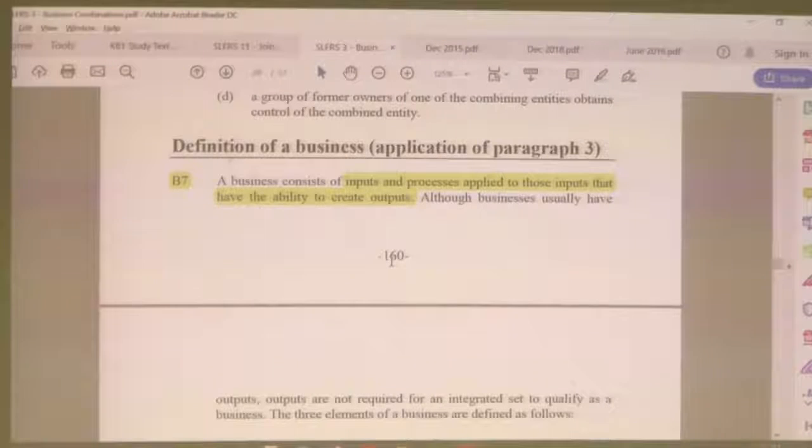Fine. Here, this is a business combination, but only acquisition of assets is not a business combination. This is a business combination, right? Fine.